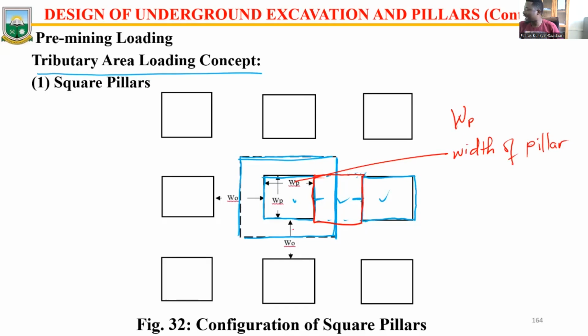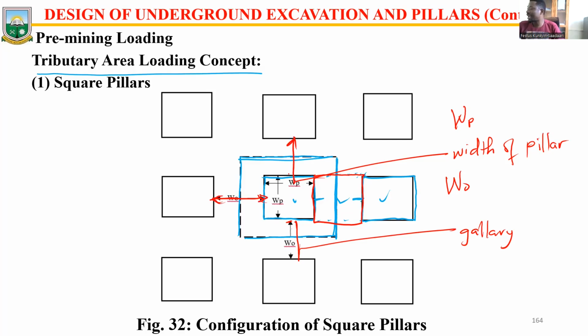WO, the gap existing between these two pillars, is the width of opening. This same space in some books they call the gallery, so you will see in some books, instead of writing WO, they will put WG. So that is the space. And then to this side, we also call it the width of opening or the gallery.